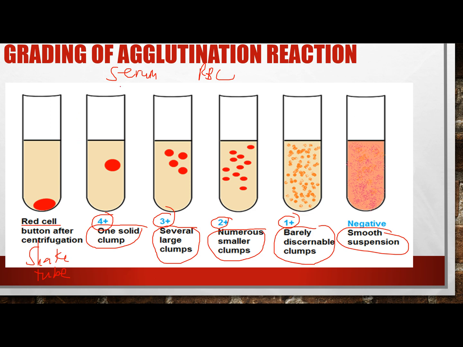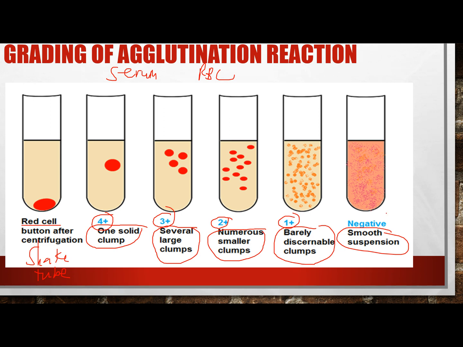So again, when you add your serum and your RBC, you would centrifuge it. It would now produce a red cell button at the bottom. You would now shake the tube. If it produces one solid clump, 4 plus. Several large clumps, reported as 3 plus. Numerous smaller clumps, 2 plus. Barely discernible clumps, 1 plus.